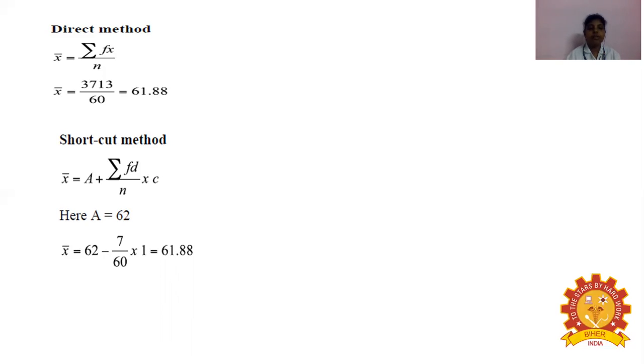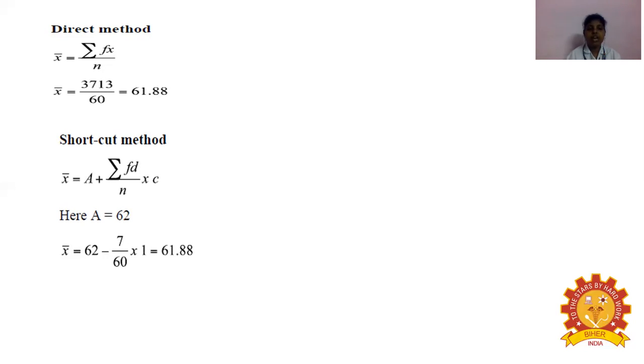Next, the shortcut method for this problem. The formula for the shortcut method is x bar equals a plus summation fd by n into c. Here we take a as 62.